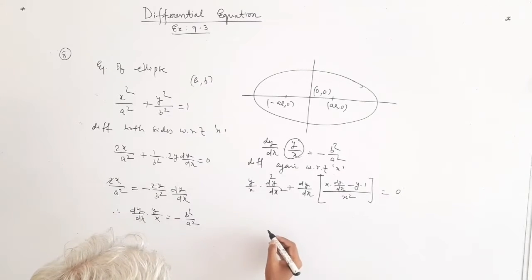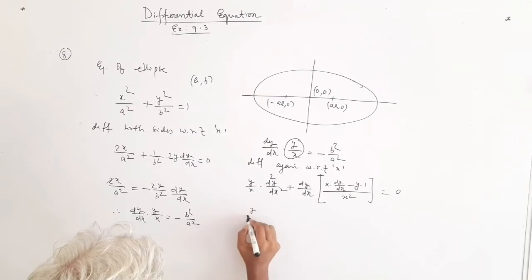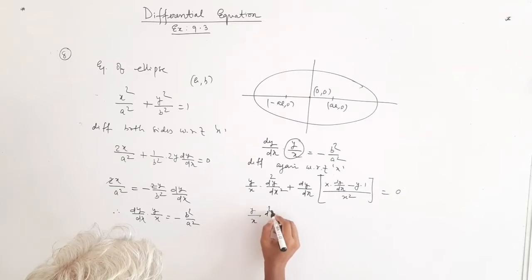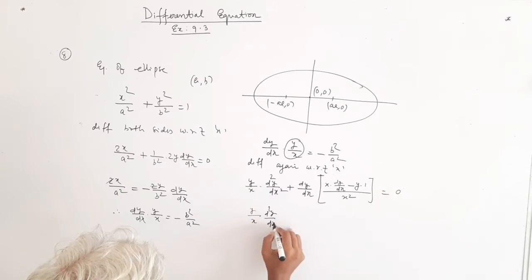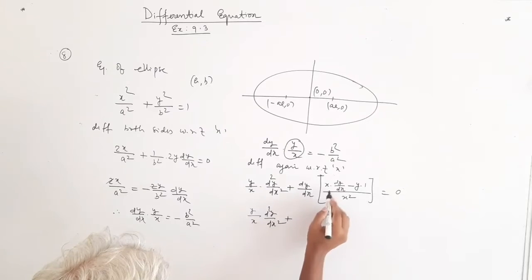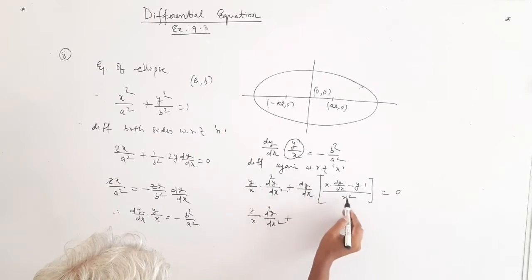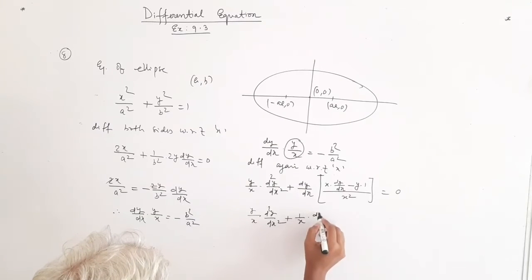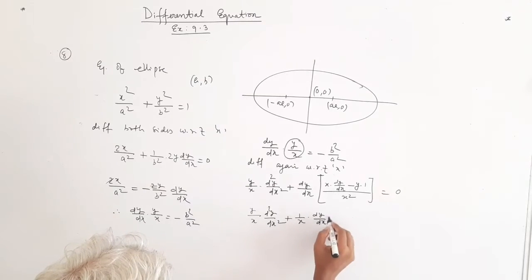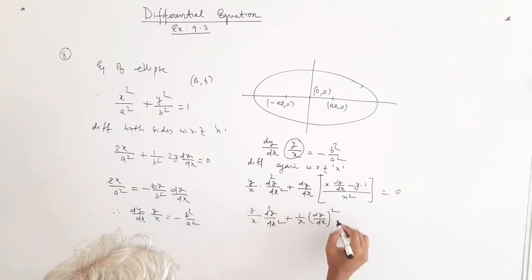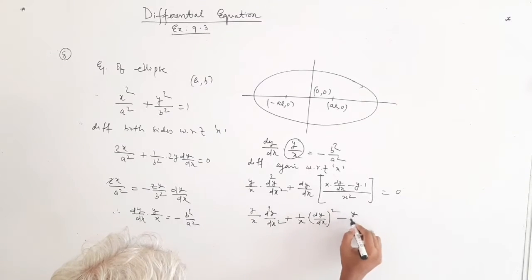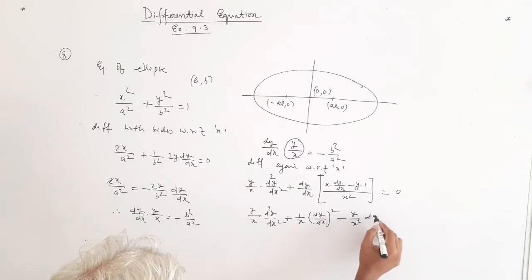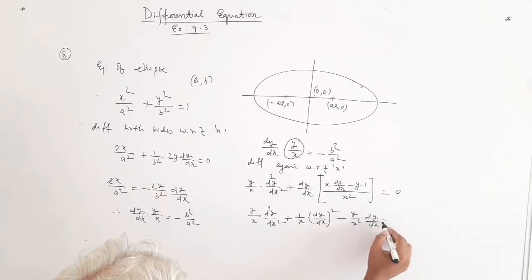So now I try to simplify, then I get y over x d square y over dx square plus x and this x dy by dx with this, so it is 1 by x dy over dx whole square minus y over x square dy by dx.